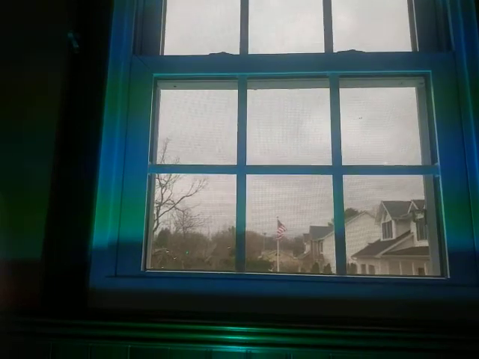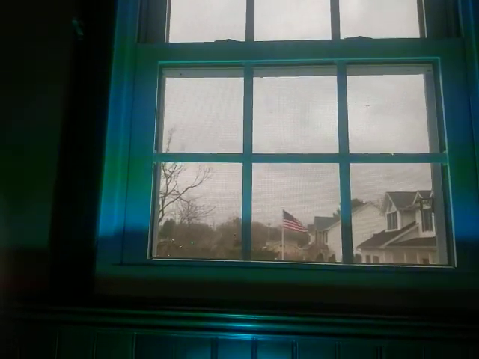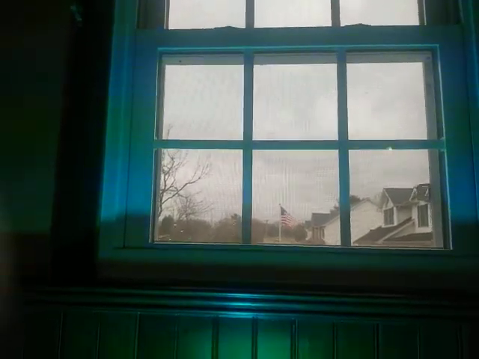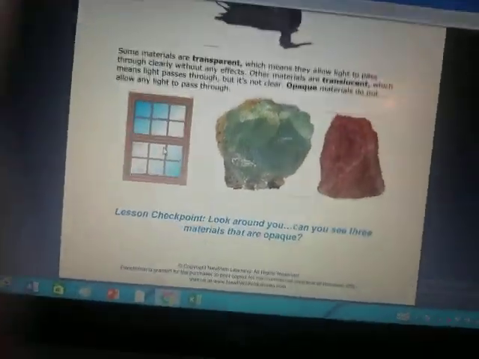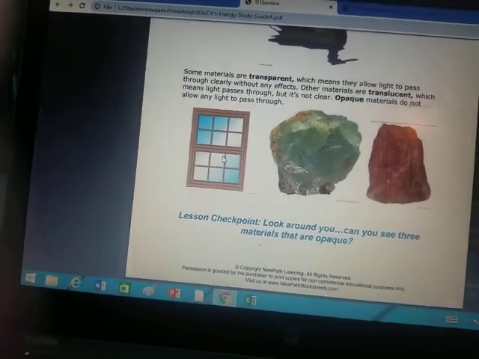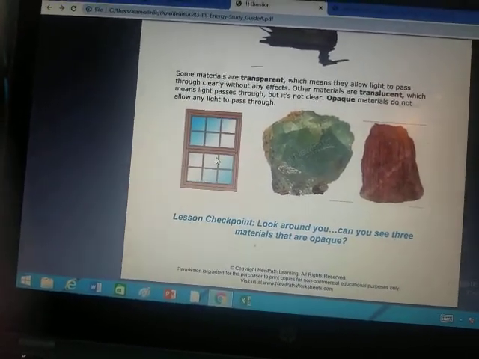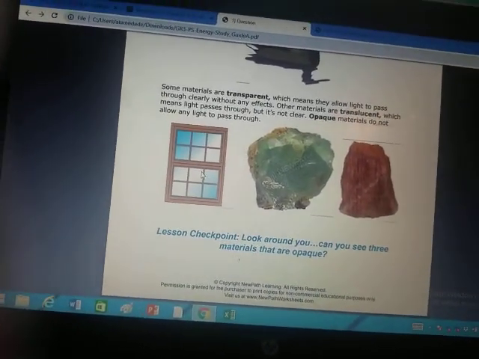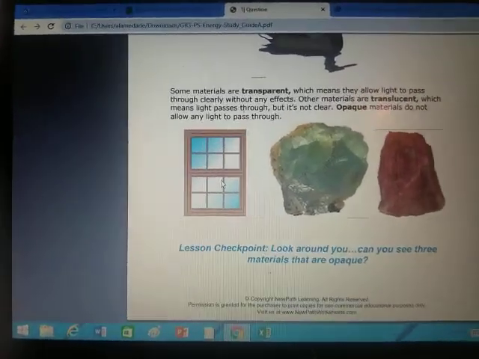That is translucent, meaning light can go right through it. But light cannot go through, let's say, my box over here. So tell me 3 things around you, in your house maybe, and comment below, and tell me 3 things that are opaque in your house, where light cannot go through.